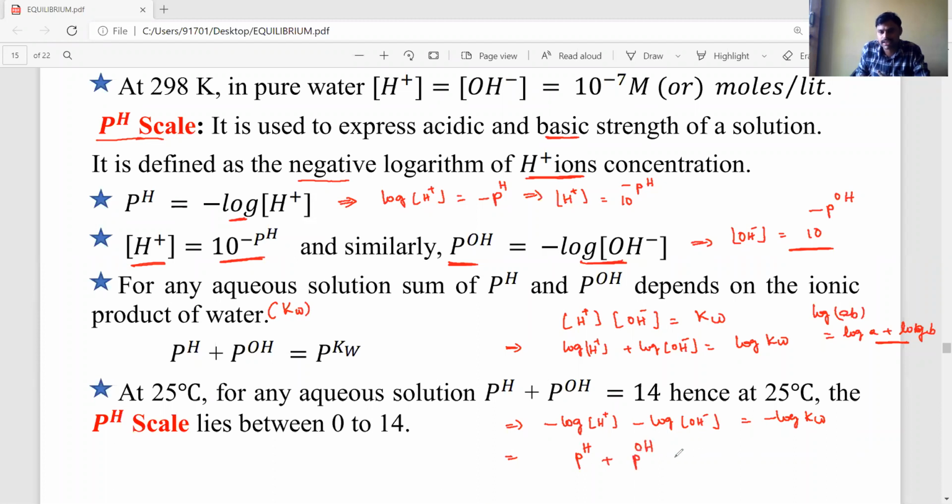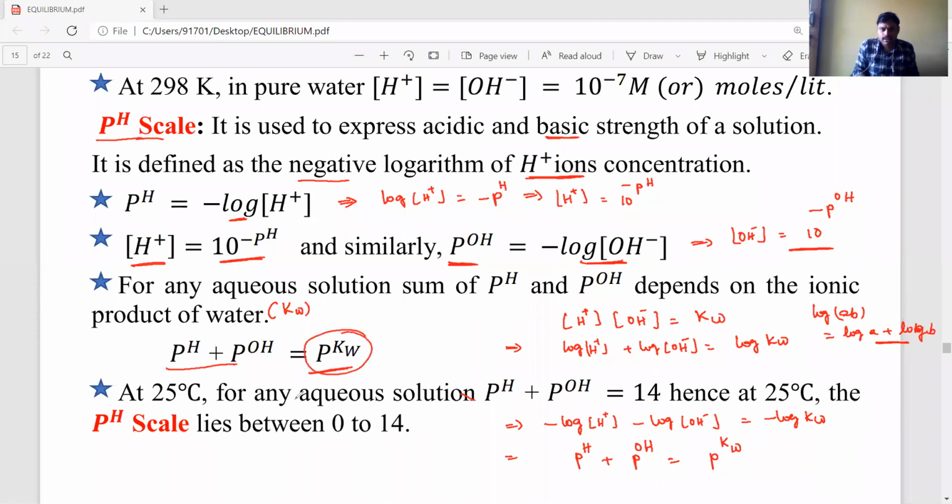So pH plus pOH is equal to minus log Kw, which is nothing but pKw. That's why I said for any aqueous solution, pH and pOH values depend on the ionic product of water. The sum of pH and pOH is equal to pKw.